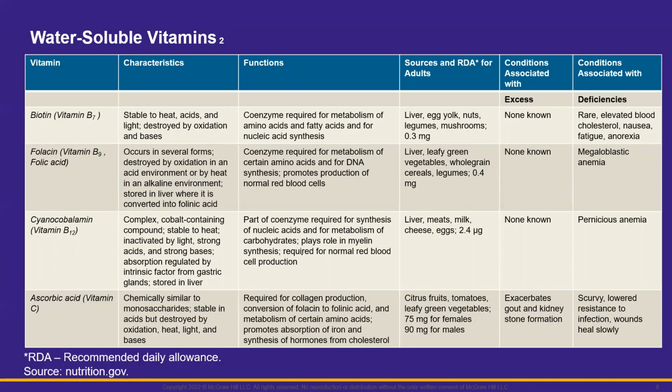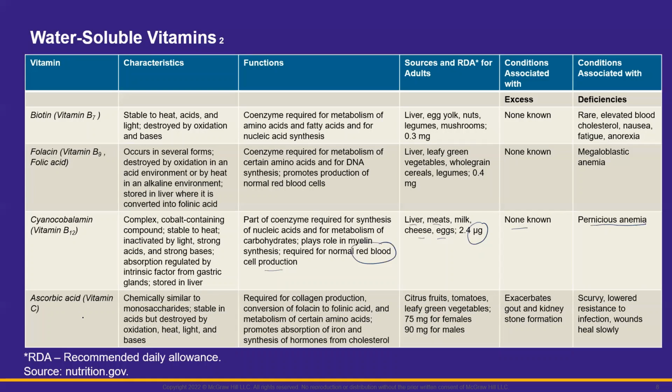Plays a role in myelin synthesis, required for normal red blood cell production. Source: liver, meat, milk, cheese, and also eggs. 2.4 micrograms, so it's really small amounts needed for B12. Excess unknown. Deficiency: pernicious anemia. Okay, because this is related to red blood cell production.